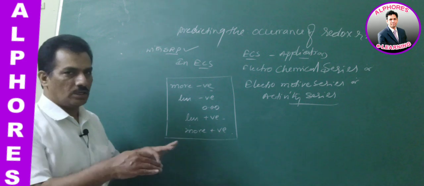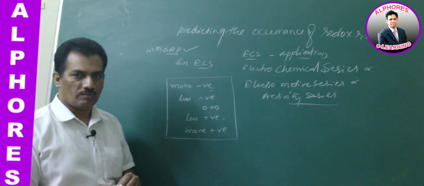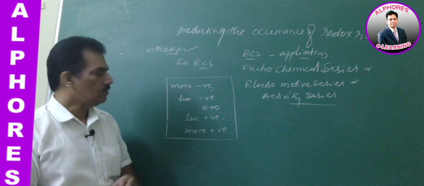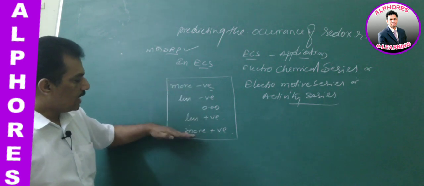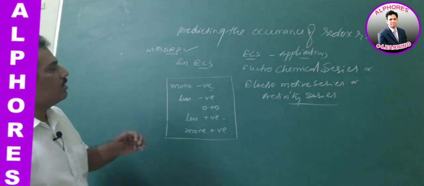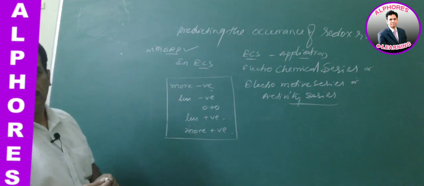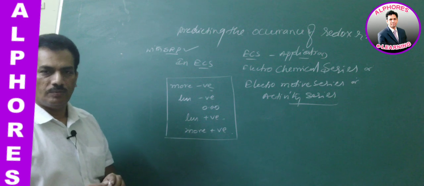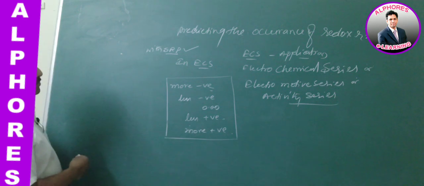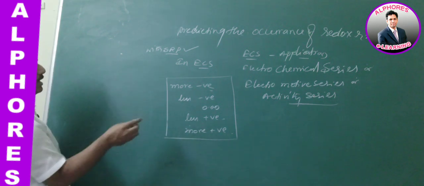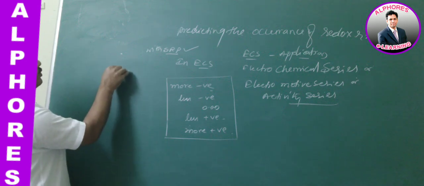Not only numerical, theoretical and logical questions also we are going to solve for competitive examinations. Clear? And here, when they are arranged like this, just remember what useful conclusions we can draw from this ECS. How far is it useful? Now let us consider. Just remember, our purpose is to construct a voltaic cell.